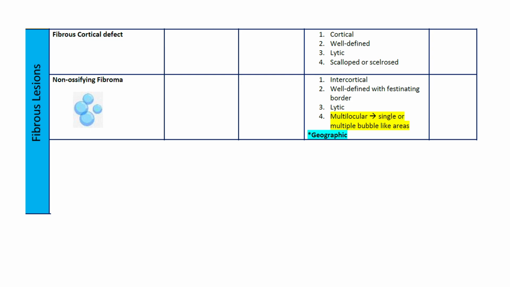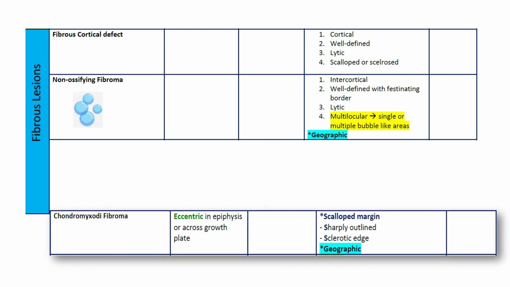non-ossifying fibroma is more important. First of all, whenever we mention the word fibroma, this lesion is usually a geographic lesion. I'd like to remind you, in chondromyxoid fibroma we mentioned the word fibroma, so the lesion will also be geographic.